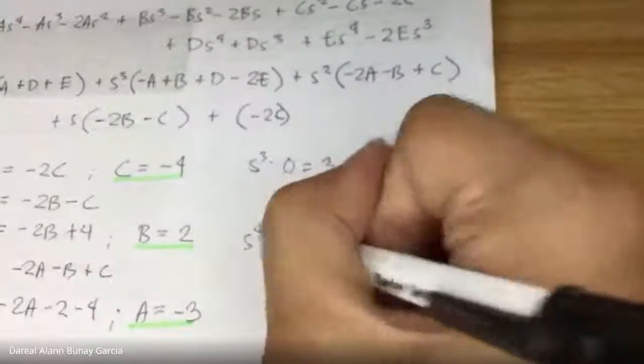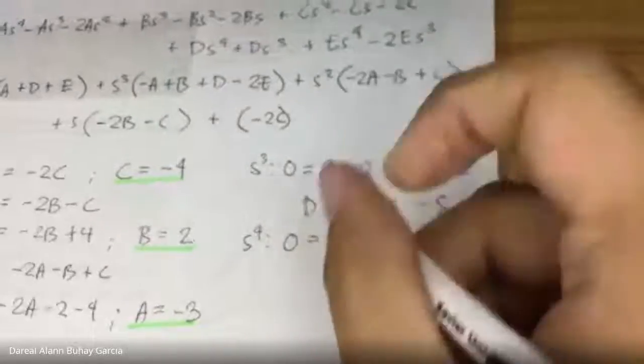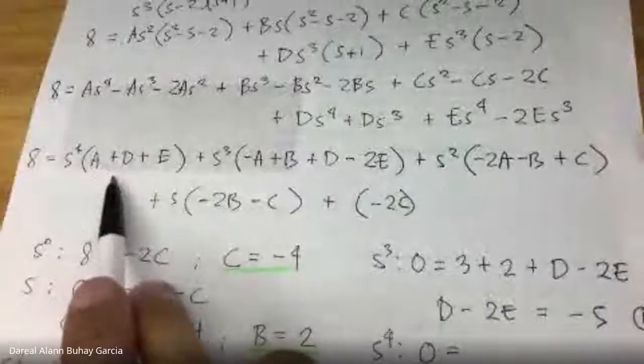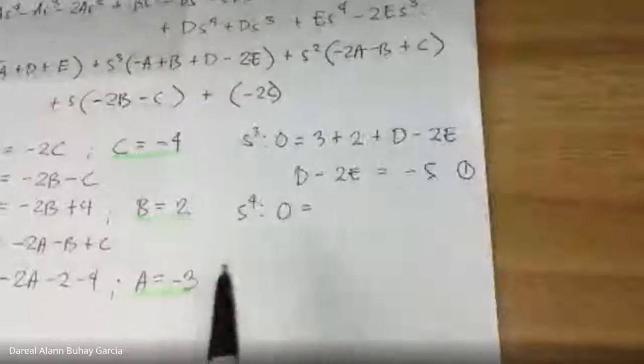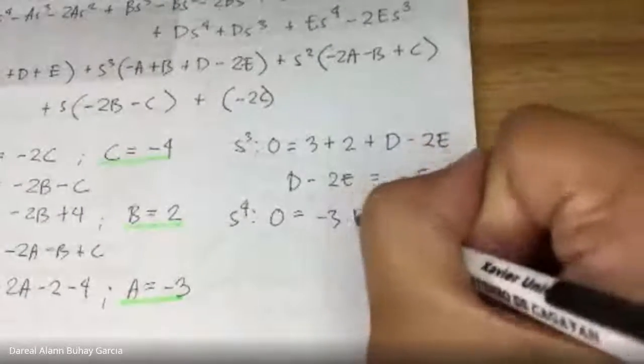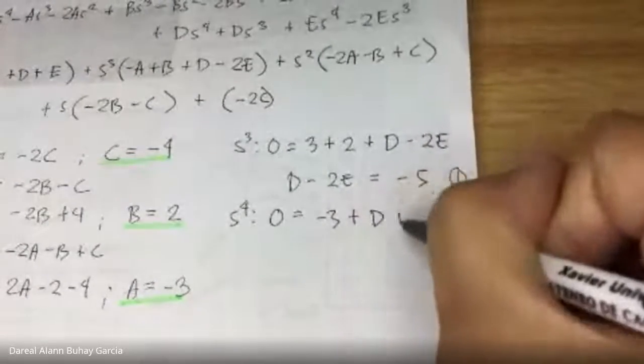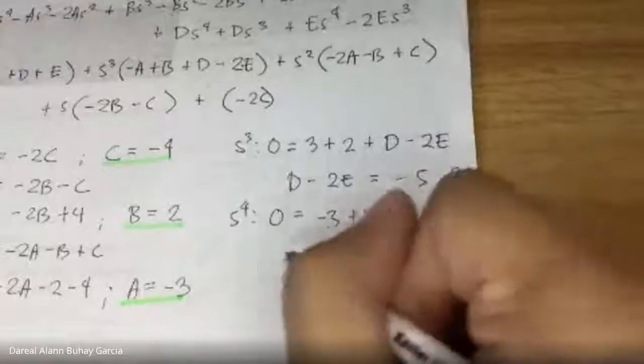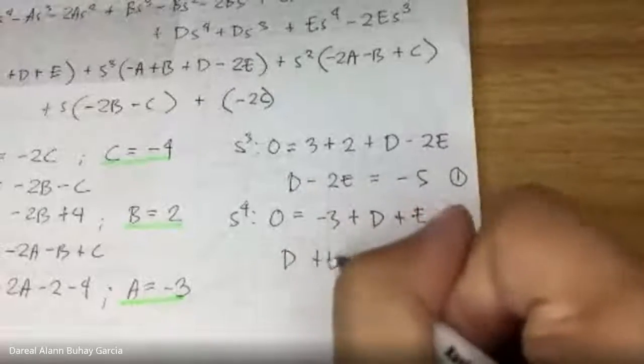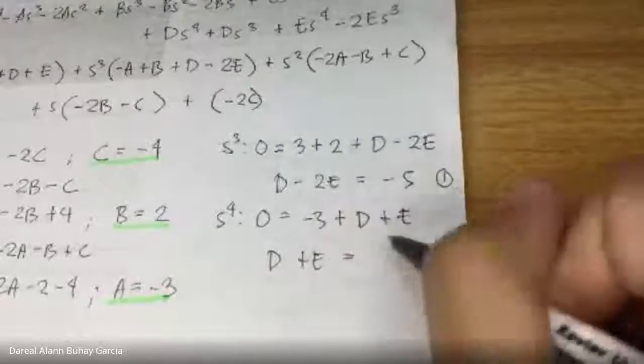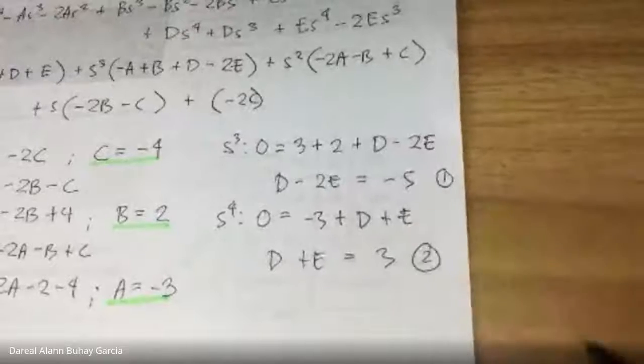S to the power of 4. 0 is equal to A plus D plus E. A is negative 3. Unknown pa si D. Unknown pa si E. Therefore, D plus E is equal to positive 3. Equation 2.